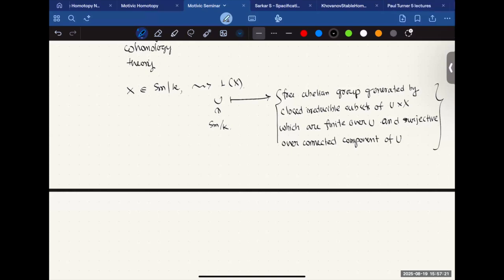I'll maybe also add something. We skipped this section, but these are correspondences, right? It's a free abelian group on correspondences with some tweaks.